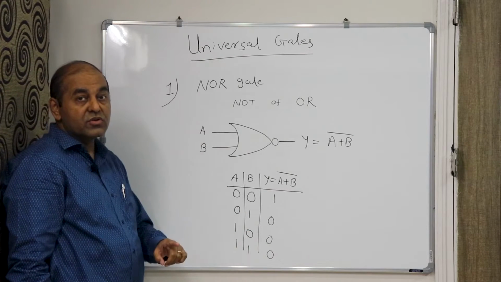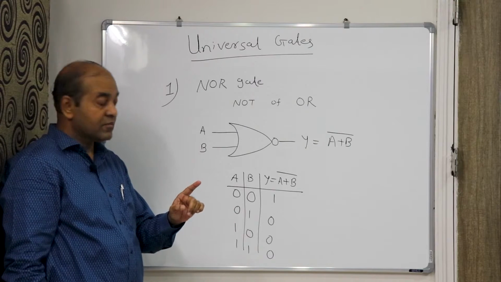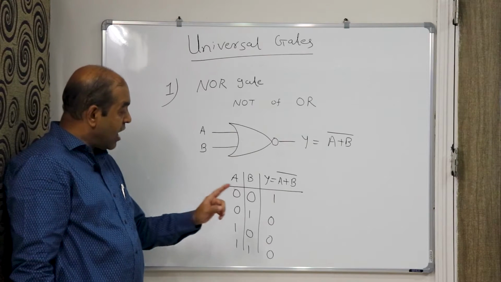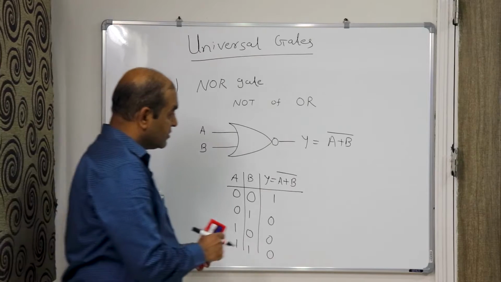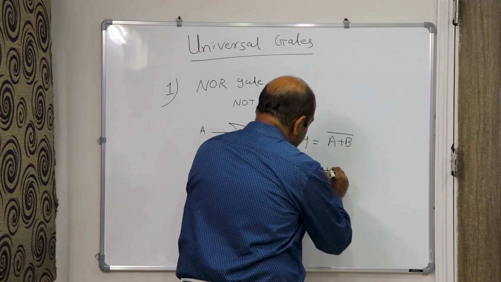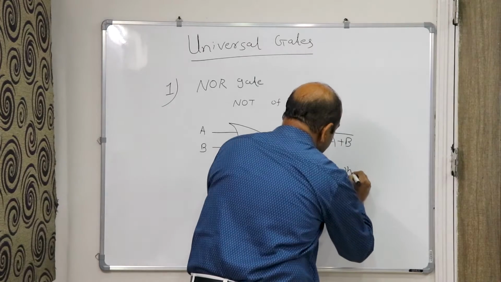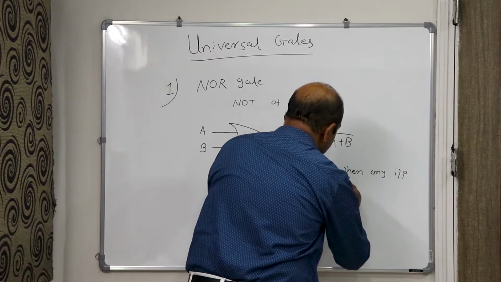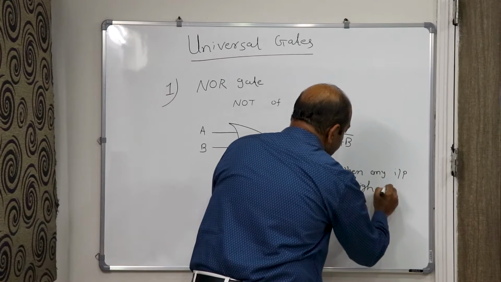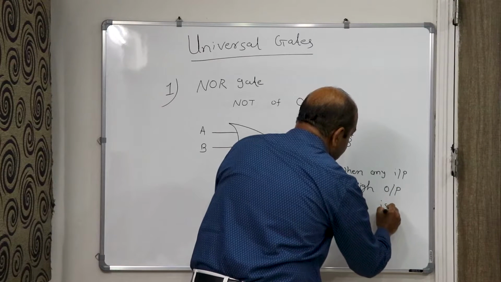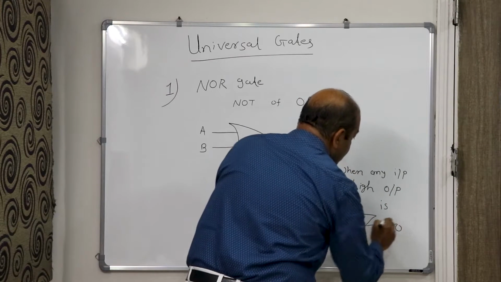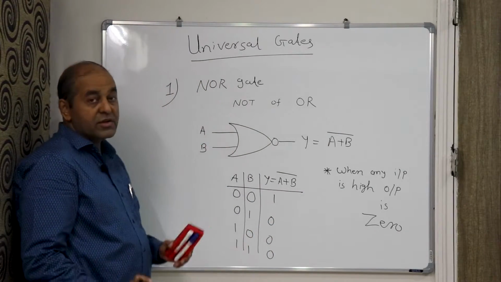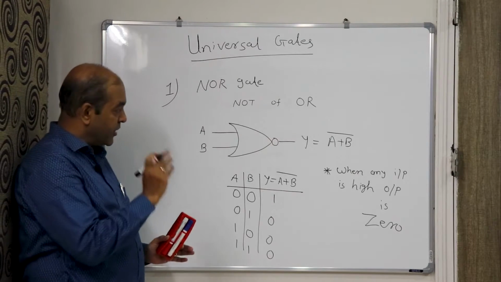This application we have to use in second chapter, that is flip-flop. When any input is high, output is 0. This condition you have to always remember in the case of NOR gate. Copy down.